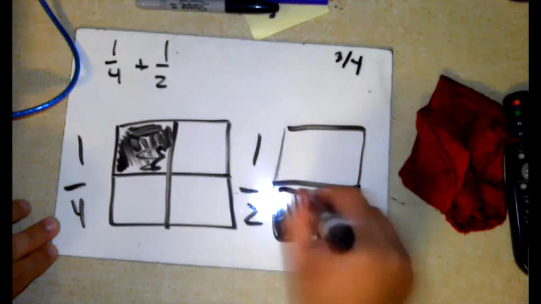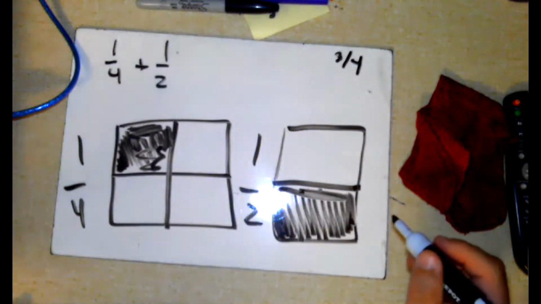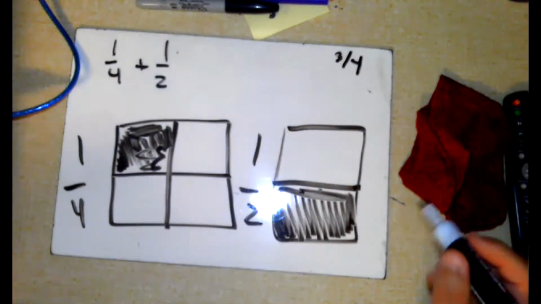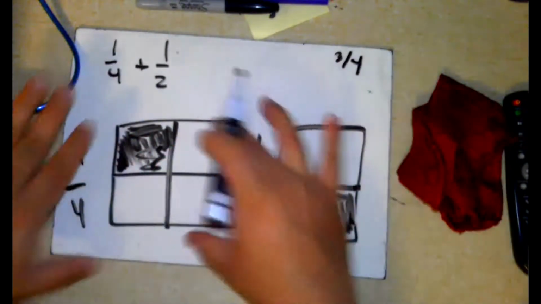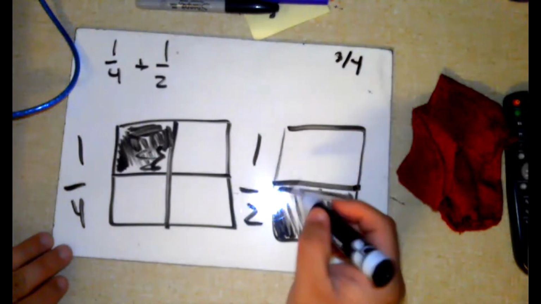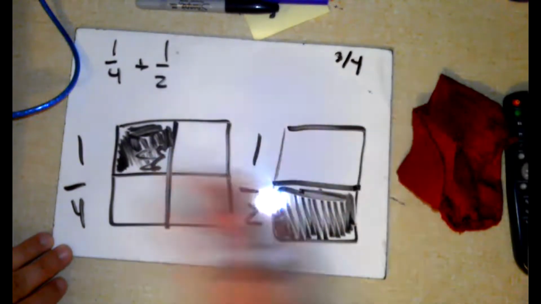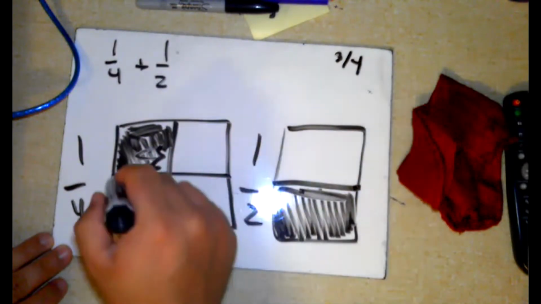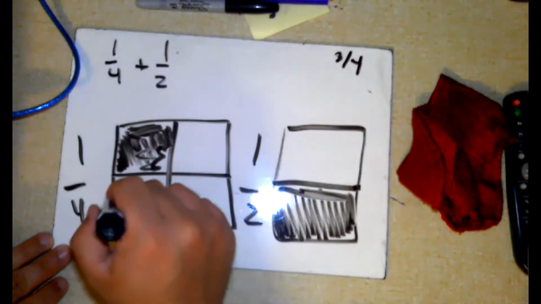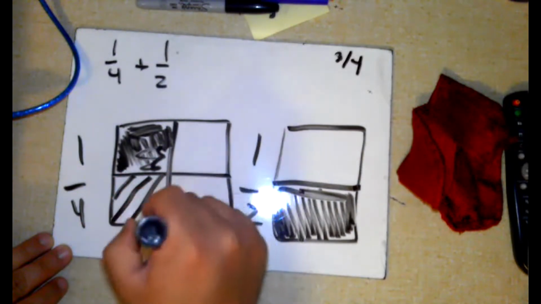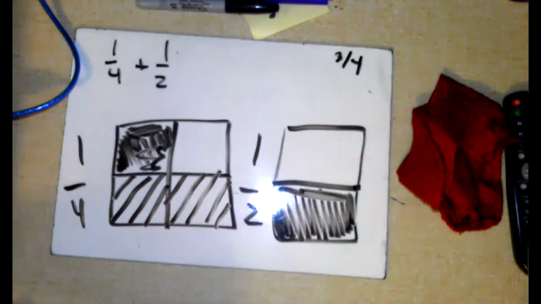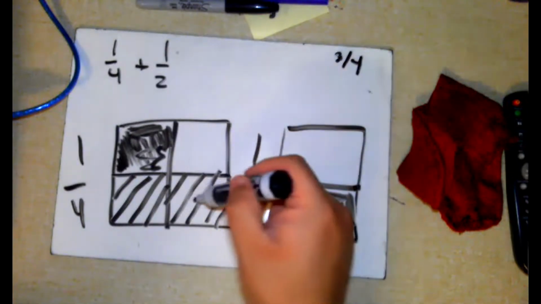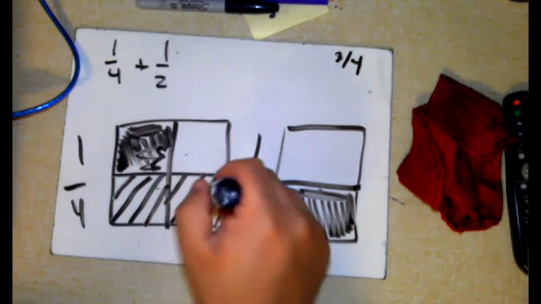Okay. Then we're going to add them together. So imagine putting this with this, and let's go ahead and move it to the left. So we're going to shade in the bottom part. Now we still have how many pieces? 1, 2, 3, 4.